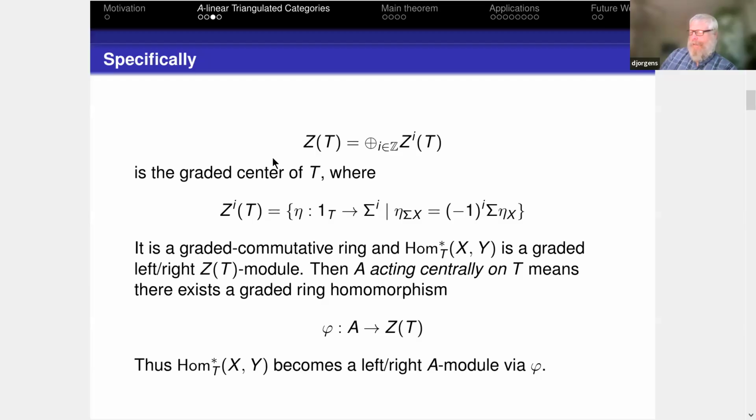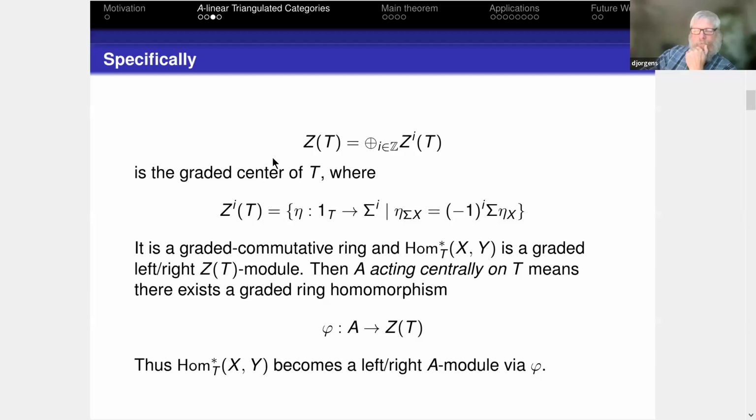Okay, so that's what I mean by A-linear. You have such a graded ring homomorphism. And you might be thinking this is kind of a crazy assumption, but it turns out it's not crazy. This happens in a lot of cases, and we'll discuss those later in the talk.